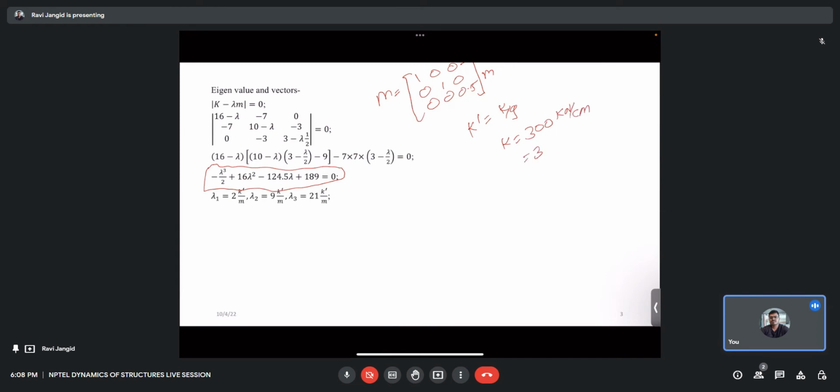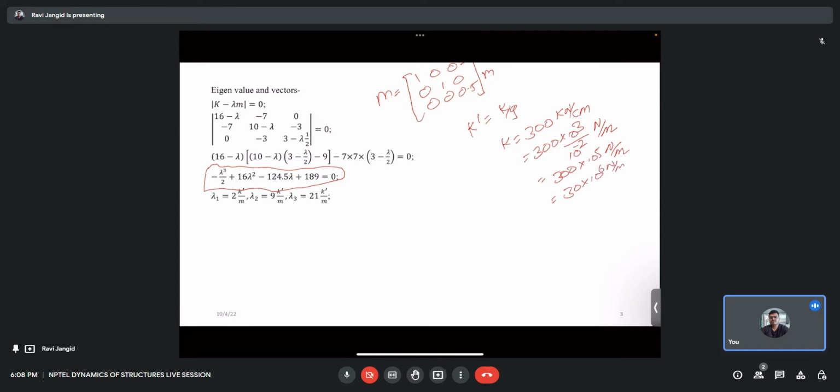So if we write it as 300 into 10 raised to power 3 into 10 raised to power minus 2 newton per meter, that will become 300 into 10 raised to power 5 newton per meter. So it will be 30 into 10 raised to power 6 newton per meter.